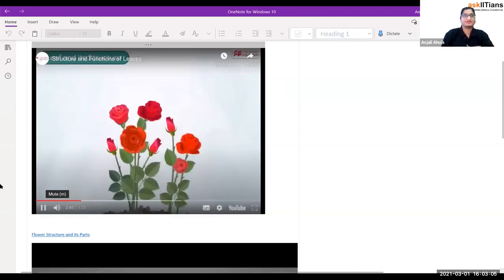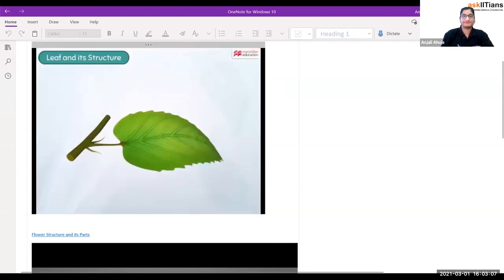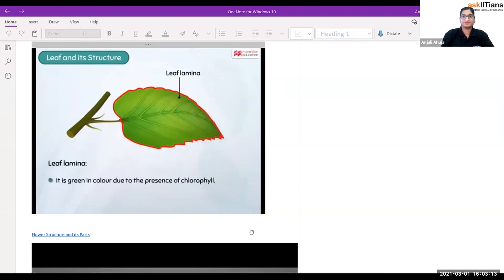The surface of a leaf is flat and is called the leaf blade or lamina. It is green in color due to the presence of chlorophyll. The large lamina allows the leaf to absorb sunlight, water, and air for the plant.